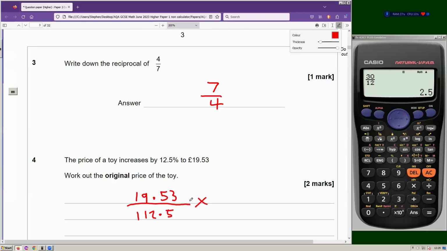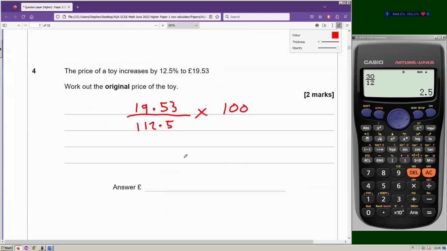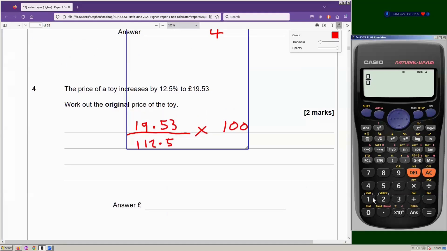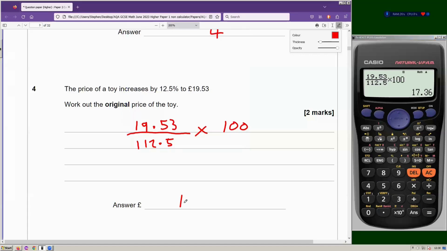That gets us to 1%, and then times it by 100 to find the original price. I'll answer down here. £17.36.